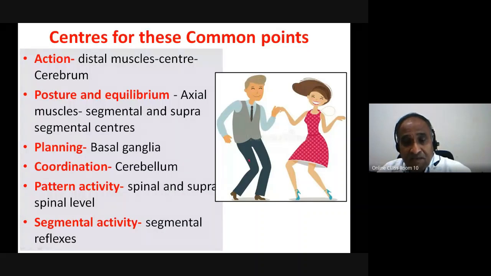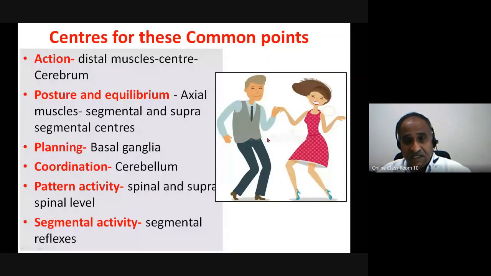Then there is a pattern of activity, according to the music they are playing. They are moving in a particular sequence of the agonist and antagonist group of muscles, even with the facial groups, expressing the joy. That is the pattern of activity.